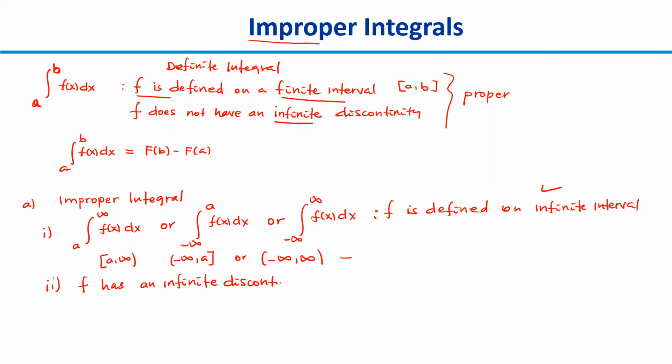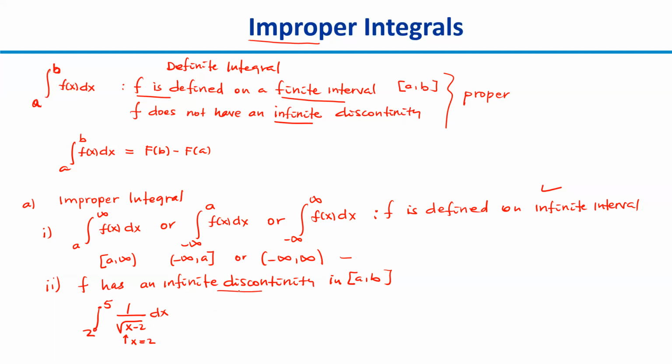in the interval a, b. For example, I may give you the integration from 2 up to 5 of 1 over square root of x minus 2 dx. You see, this is not a definite integral, because at x equal to 2 the function is discontinuous.